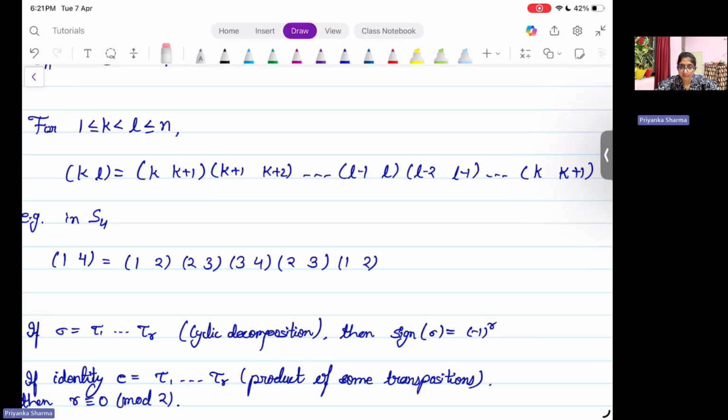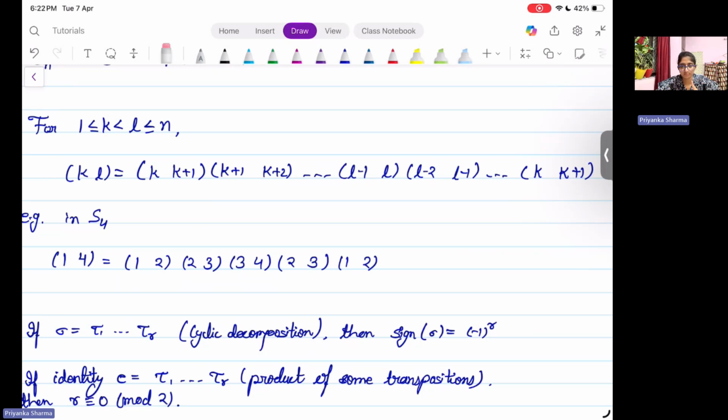Then we write the last element of the first transposition as the first element of the successive transposition, so this will be K plus 1, K plus 2. Then the third transposition will be K plus 2, K plus 3.